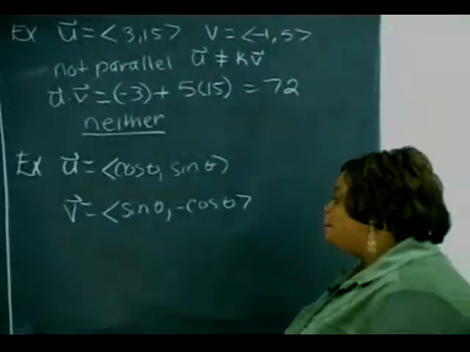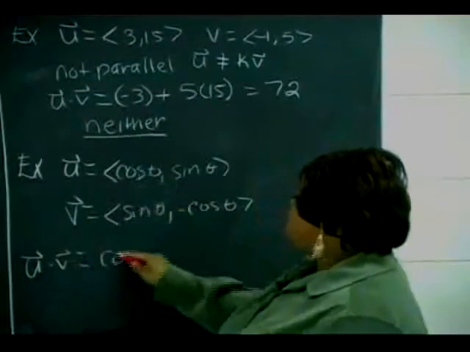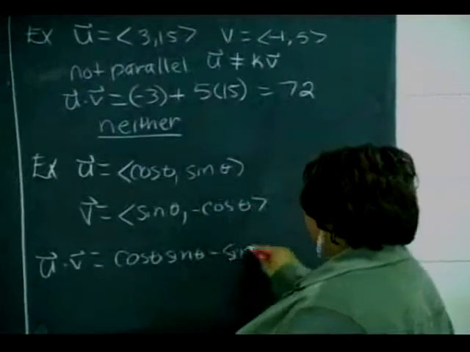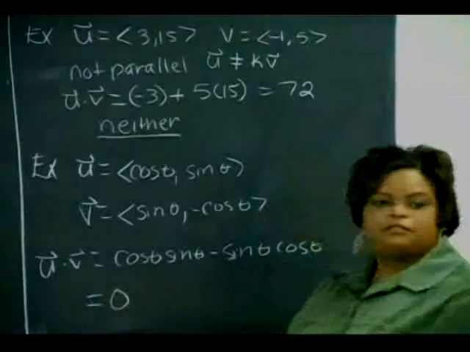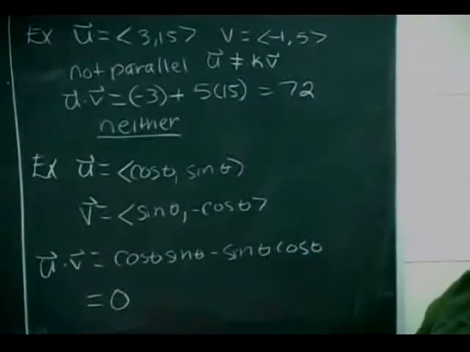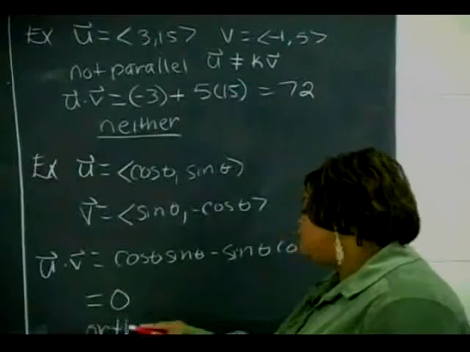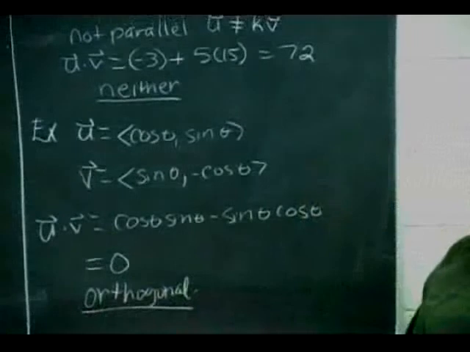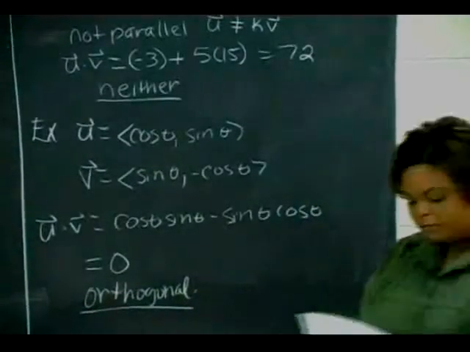But what is U dot V? Well, I have cosine theta times sine theta minus sine theta cosine theta. And this is what? 0. So the dot product here is 0, which means these are orthogonal. The dot product is 0, which means they are orthogonal.